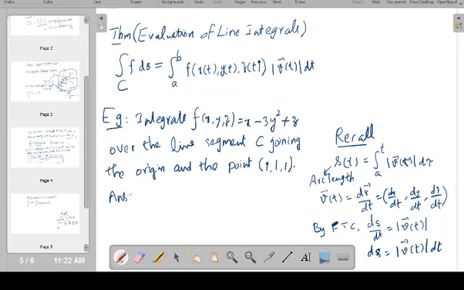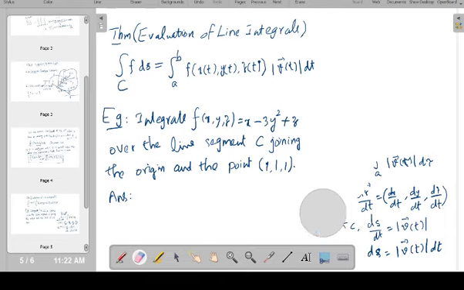So answer, first we can draw this contour C. So what is that? It is a line starting at the origin and ending at the point 1, 1, 1. So let us plot that curve. Let me erase this part. This is not required.